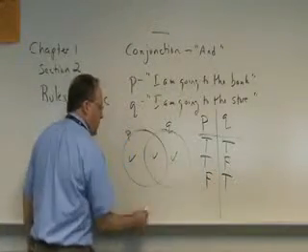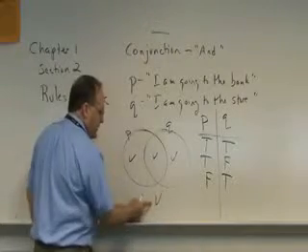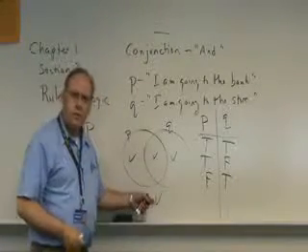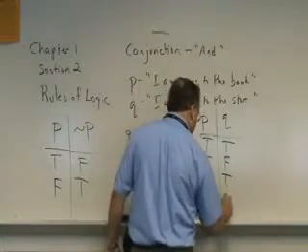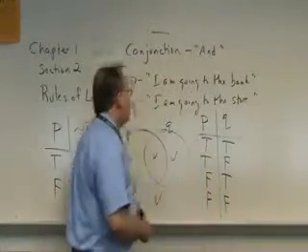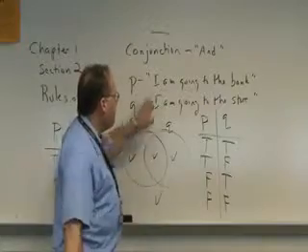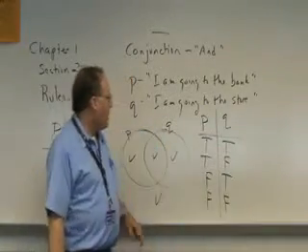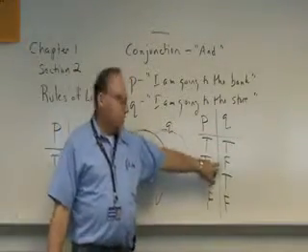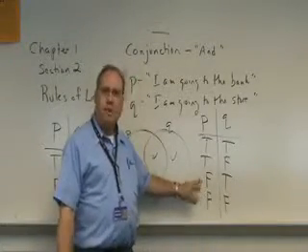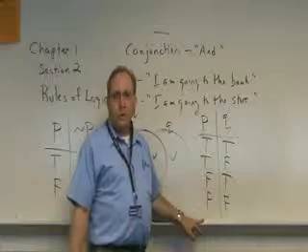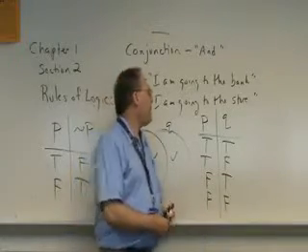And then, of course, we could have outside of both circles, in which case it would both be false. You can see that it's possible for me to go both to the bank and to the store, or to the bank but not the store, or to the store but not the bank, or to go to neither one.